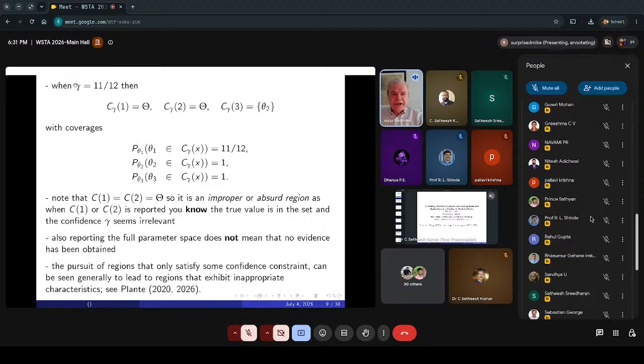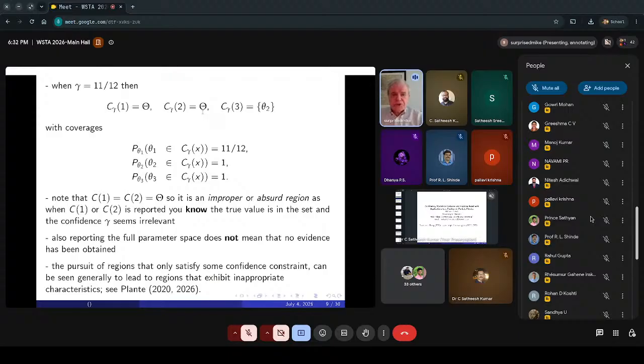Now I did it again for gamma equal to 11/12, which is like a 92% confidence region. And something even worse happens here. I get that the confidence region, for two data values, is equal to the entire parameter space. Now such confidence regions are sometimes called improper, or I like the word absurd.